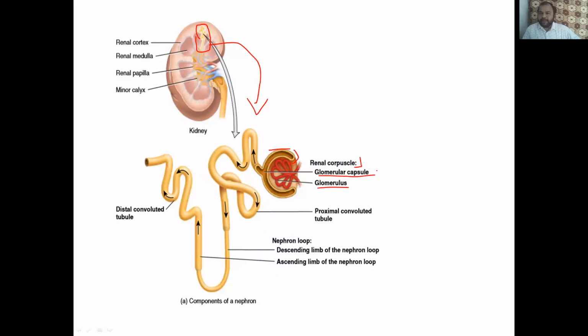So the capsular part is the Bowman capsule, the capillary part is the glomerulus. Both together are called the renal corpuscle, that means the capsular part as well as the blood capillary inside.